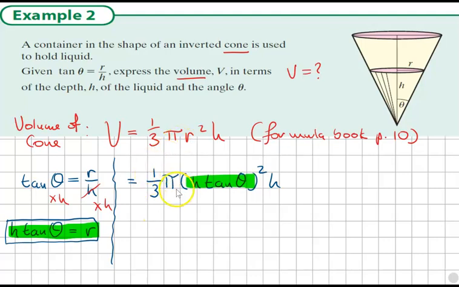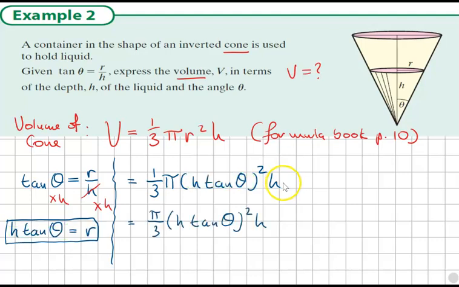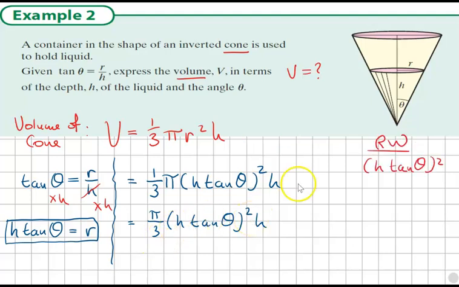And we have 1/3 pi times h tan theta squared, times h. And 1/3 pi we can just rewrite as pi over 3. Everything else remains the same. h tan theta squared is h tan theta times h tan theta, which gives us h squared tan squared theta.